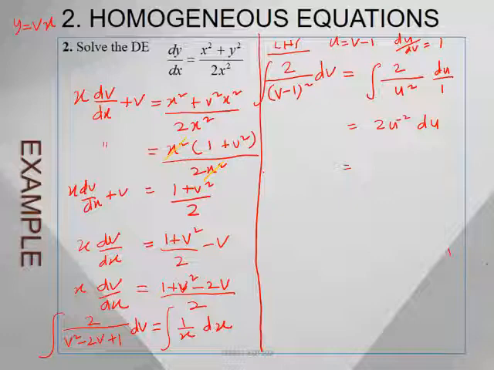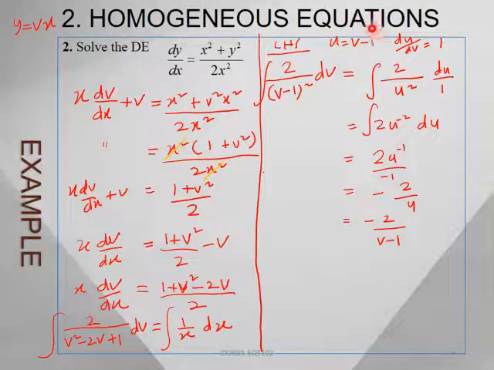Yes, correct. So now we will integrate it. When we integrate, we will obtain 2u to the negative 1 divided by negative 1, which is equal to negative 2 over u. So it becomes negative 2 over (v minus 1) when we substitute back. So this is the answer for the left hand side.